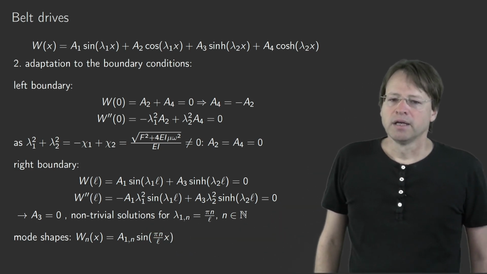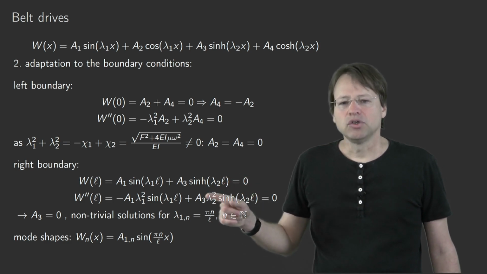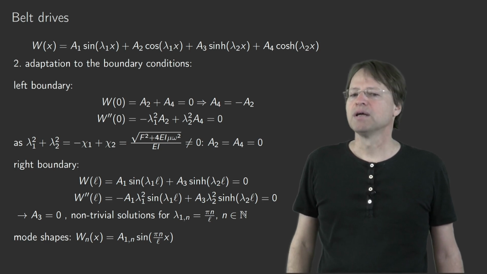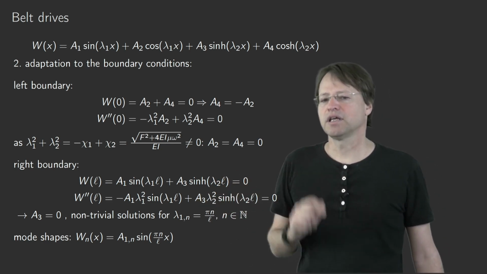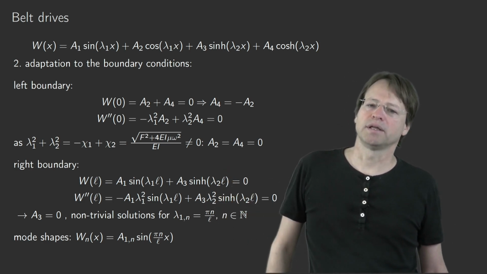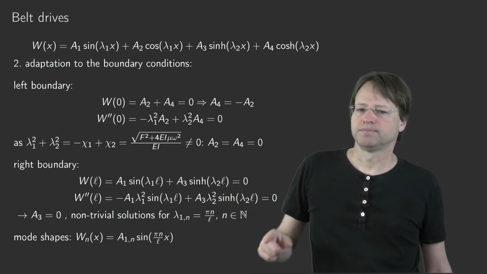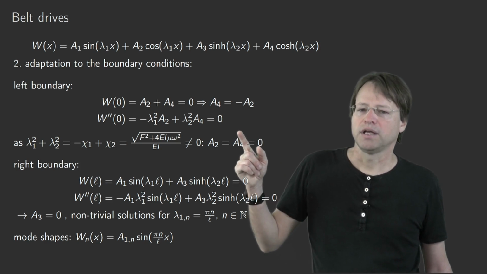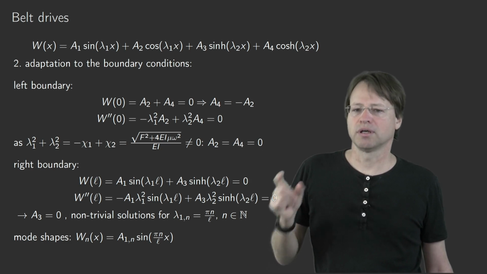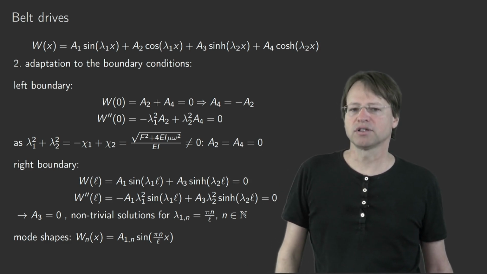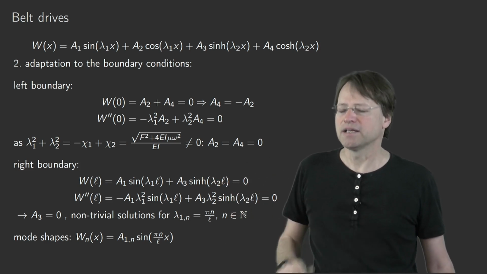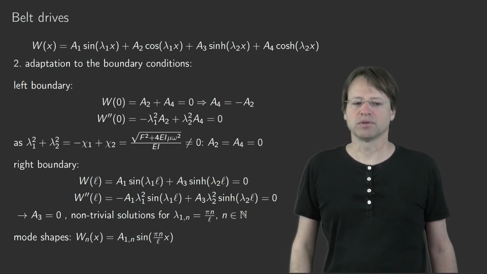Well, the lambda n's would be the eigenvalues of that problem, but they would not yet be the natural frequencies or something like this, because lambda 1n is a quantity that has been introduced for the exponential function for that setting. It is not yet related to our omega from before.